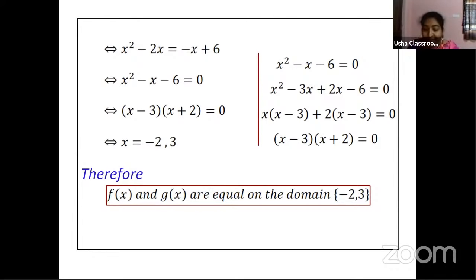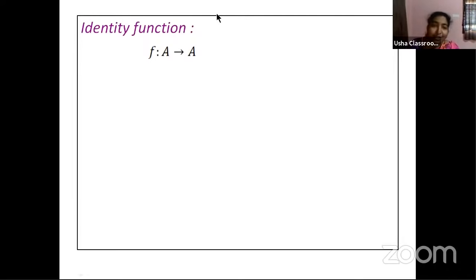Now, the next definition is another type of function, that is the identity function. Right? Identity function. F maps A to A. Can you see any difference between the previous definition of function f and this? Yes, you are taking the same set as domain and codomain.